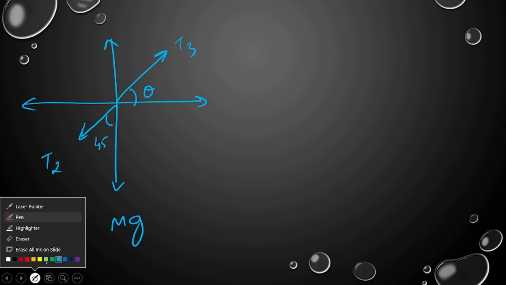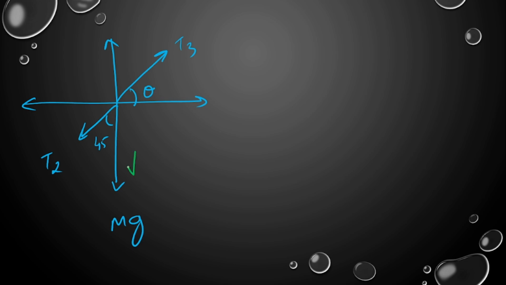So we can write, in this direction we have force Mg plus T2 cos 45, in this direction we will have T2 sin 45, in this direction we will have T3 sin theta, and in this direction we will have T3 cos theta.